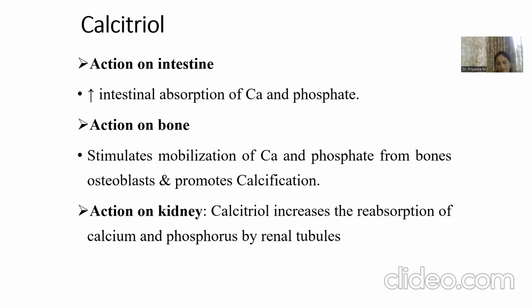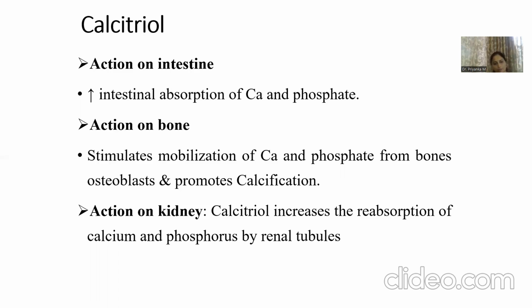Osteoclasts help in demineralization, that means they remove calcium from the bone. So what is the role of calcitriol here? It promotes osteoblastic activity. That means calcitriol helps in mineralization of bone, helps to deposit calcium into the bone, and promotes calcification.